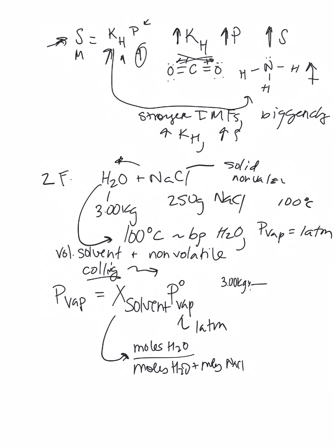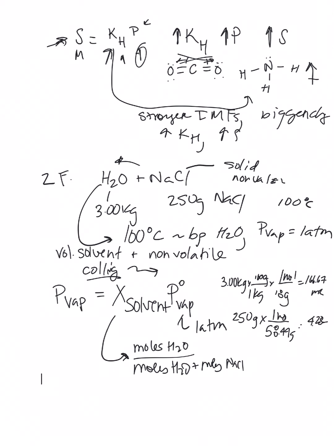We convert from 1 kilogram to 1,000 grams, and then we know that the molecular weight of water is 18 grams per mole. That will give us a whopping 166.67 moles of H2O. For sodium chloride, we have 250 grams. Our molar mass is 58.44 grams per 1 mole, and that gives us 4.28 moles.